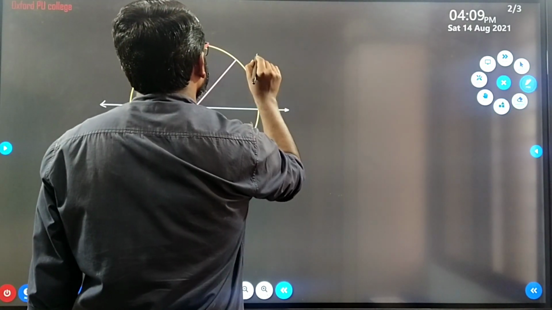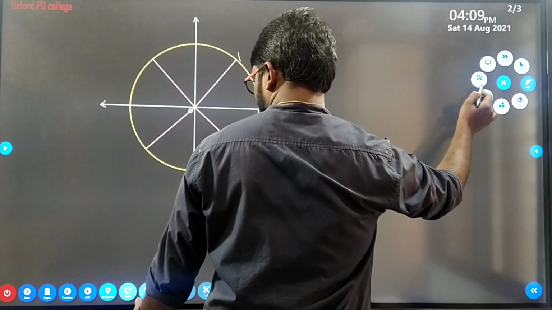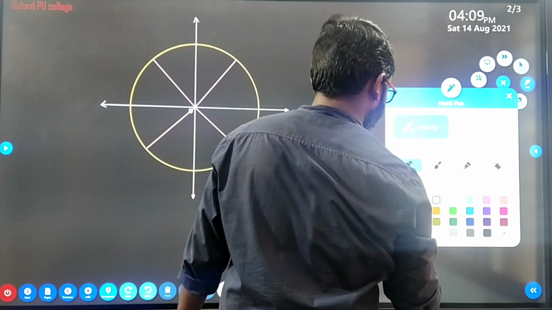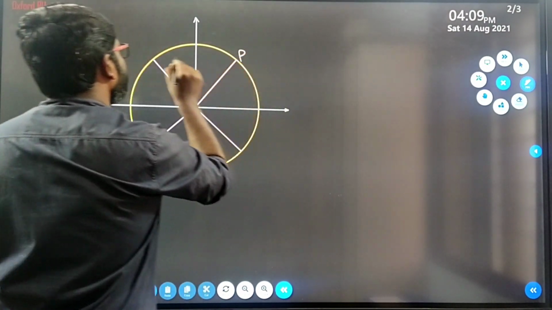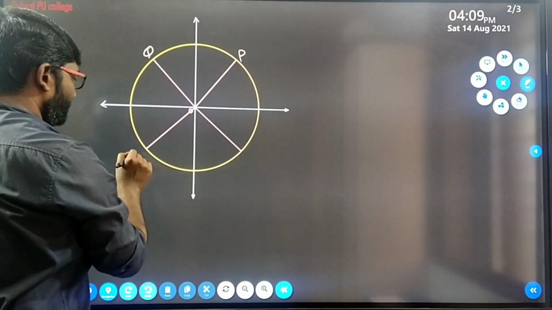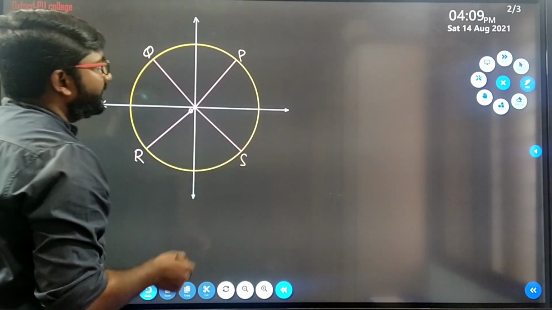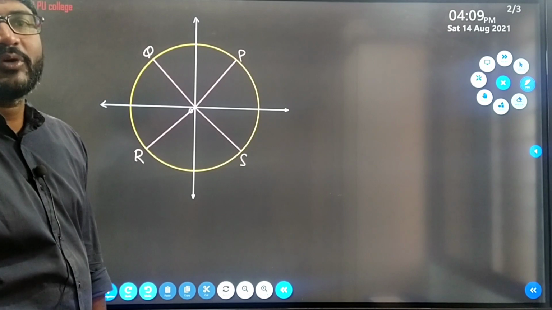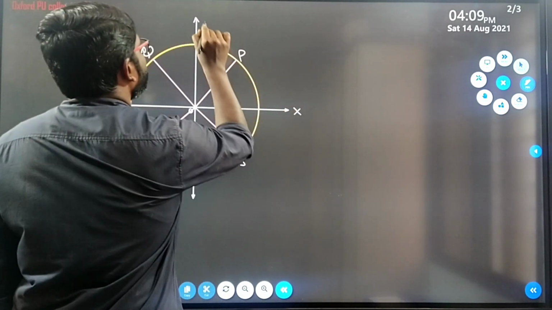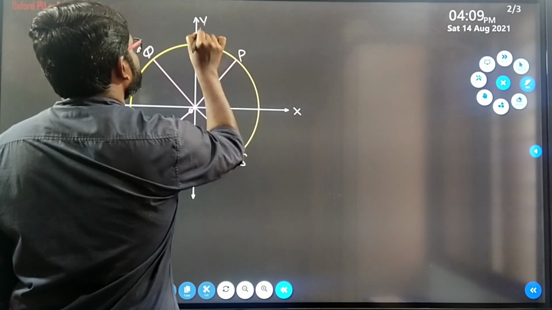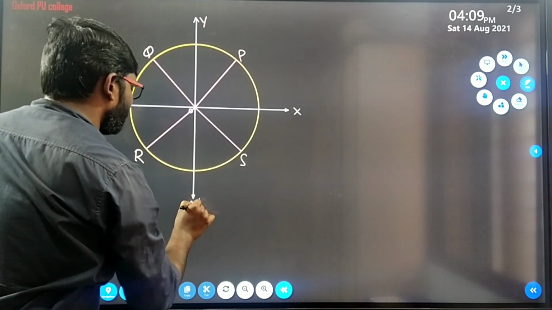This is the point P, this is the point Q, this is the point R, and this is the point S. Now let us write the coordinates of the points P, Q, R, S. This is the x-axis, this is y, this is x dash, and this is y dash.